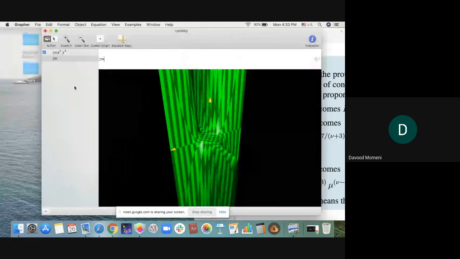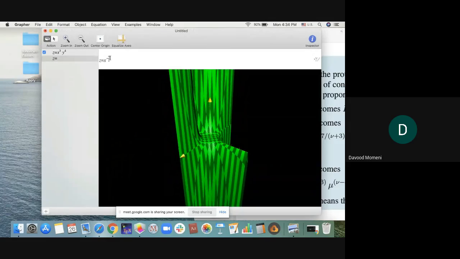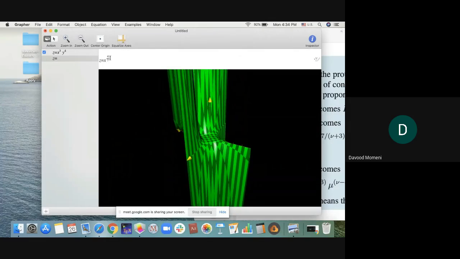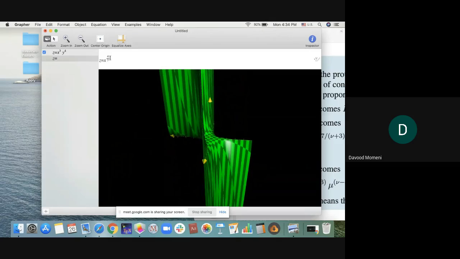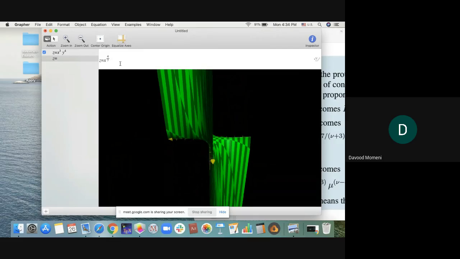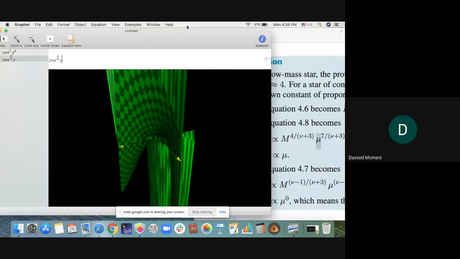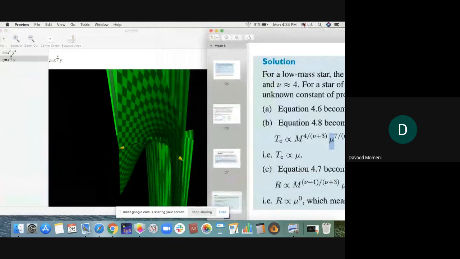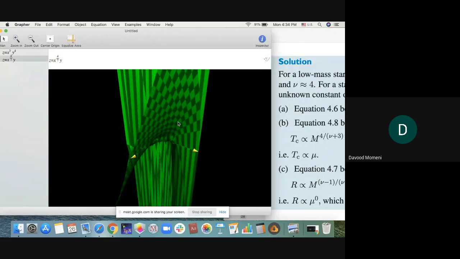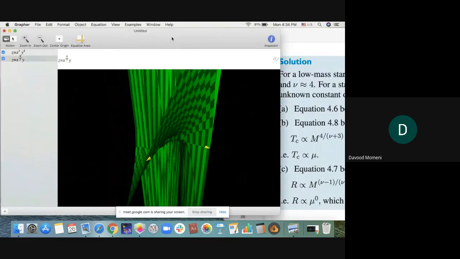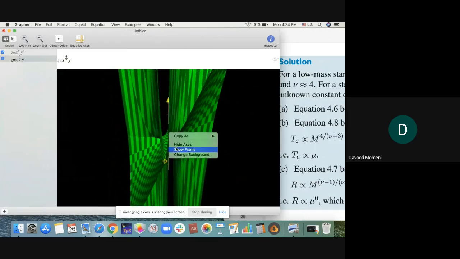So x to the power 4 over 7, times mu to the power 1, so let's see how it works. This is the change of the core temperature for a low mass star. It's a very complicated pattern of the core temperature versus the mass.